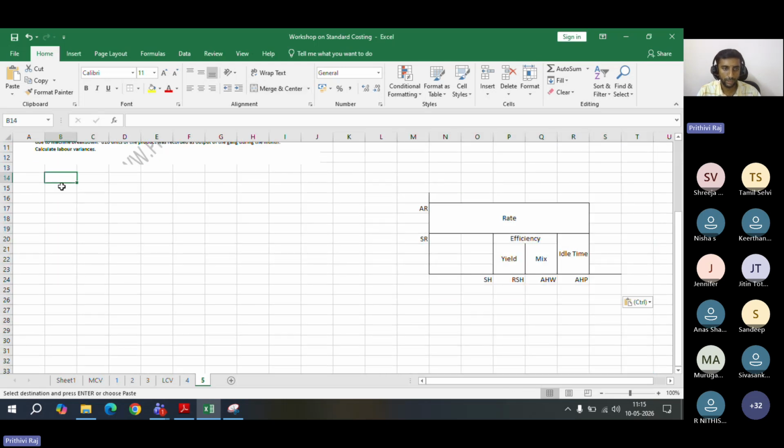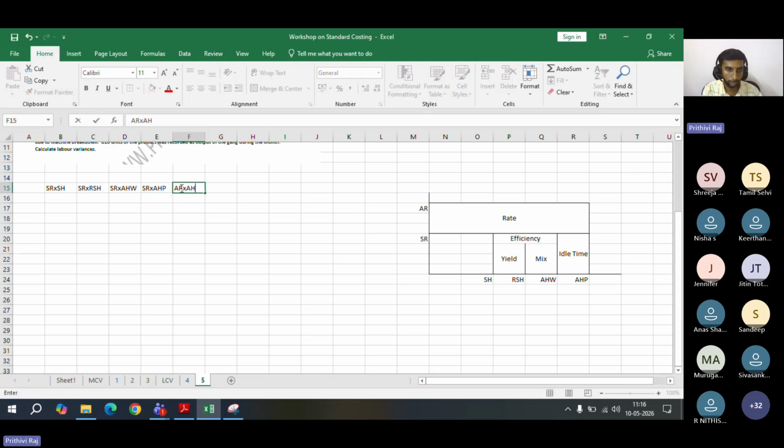Now, first one, the computation table. SR into SH, SR into RSH, SR into AHW, SR into AHP. I'm just copying it, right? SR into SH, SR into RSH, SR into AHW, SR into AHP. Last one, AR into AHP.